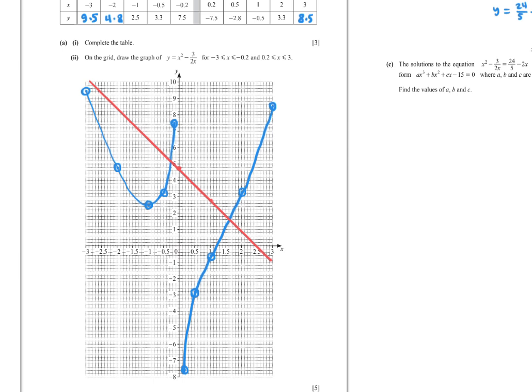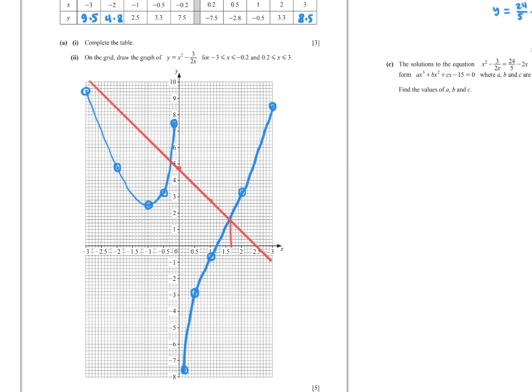This line intersects the curve at 2 points. Find the x-coordinate for these 2 points. The first one is 1.7.